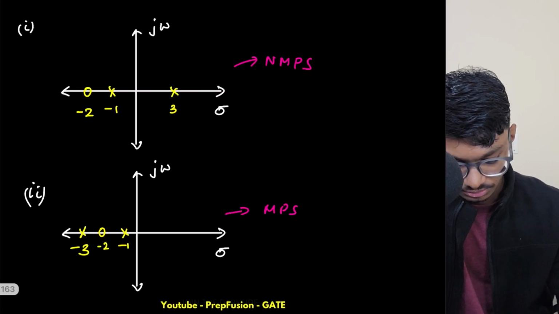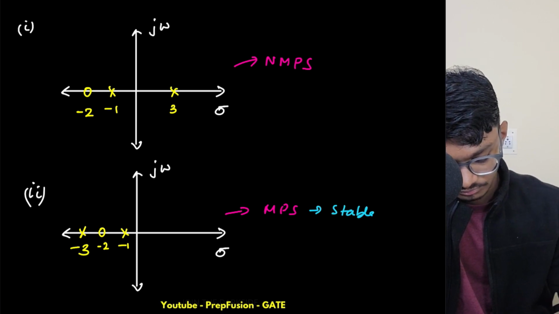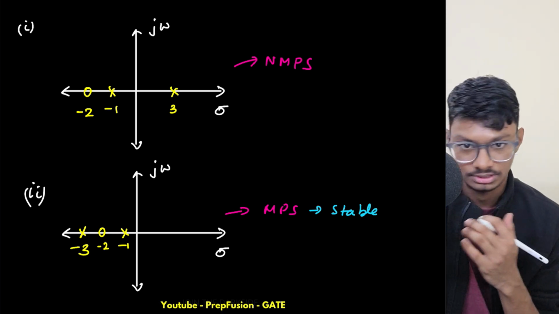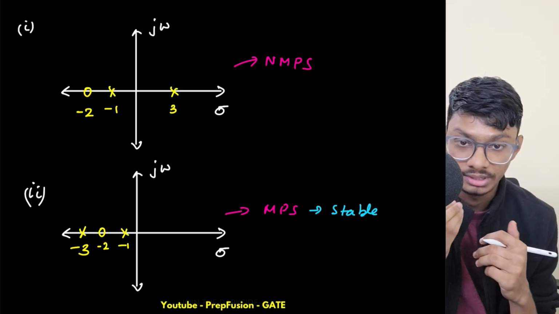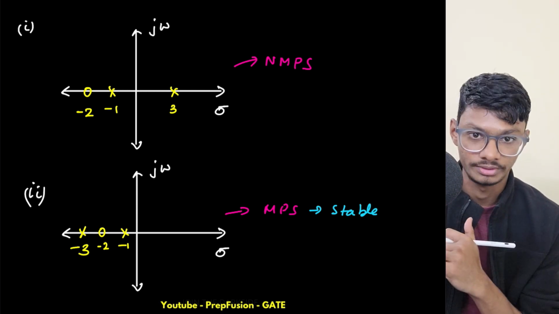So if a system has a transfer function like this, and if it is a minimum phase system, you can safely say that it will always be stable. But the converse won't be true.